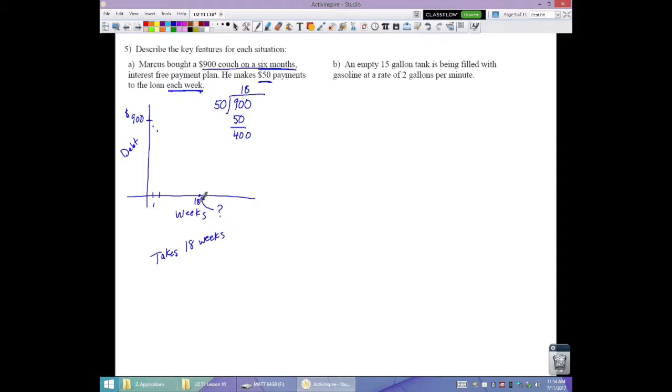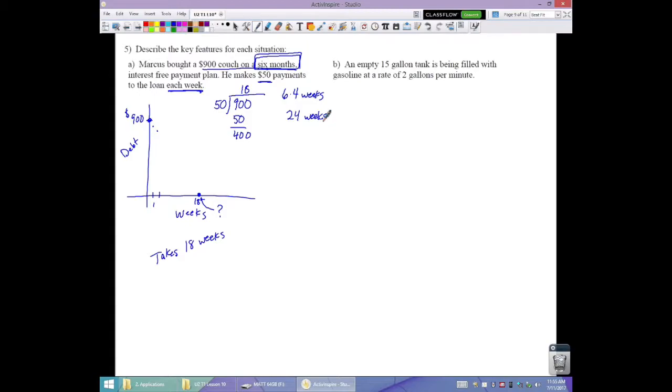So when I get out here to 18, I owe nothing. I'm debt free. Now, this says he took it on a 6-month payment plan. 6 months times 4 weeks in each month would be 24 weeks. So we do not end up taking the entire 6-month payment plan. We have it paid off after 18 weeks.